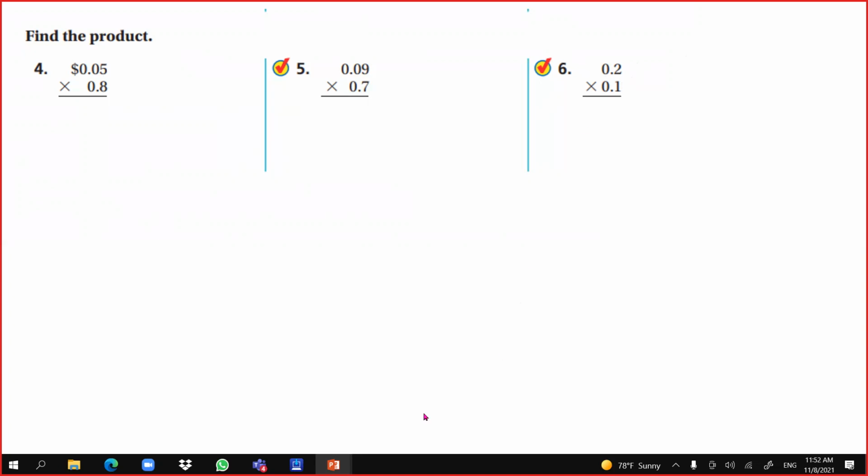Let's start now with Hunada. Yes, Hunada. 0.2 times 0.1. So first of all, you multiply them as what? Bravo, as whole numbers. Where are you? I'm in number 6.